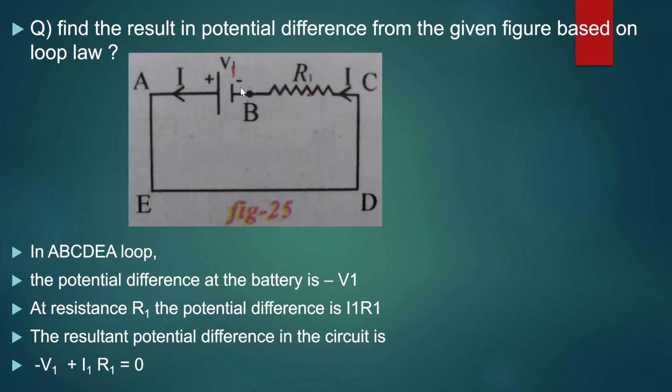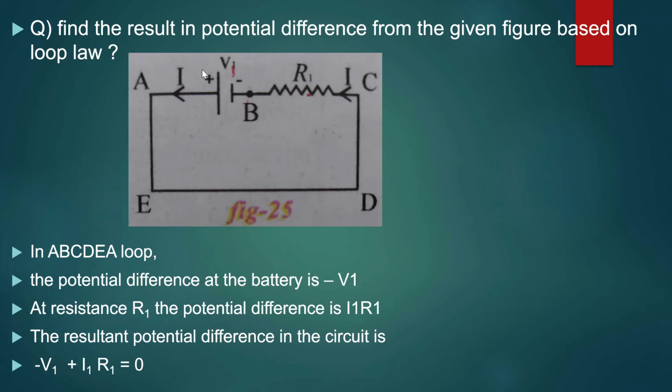Okay, it is minus V1, and at this resistance R1, the potential difference is I1 R1. So the resultant potential difference in the circuit, we know the sum of the potential differences in the circuit must be equal to 0 according to Loop's law.